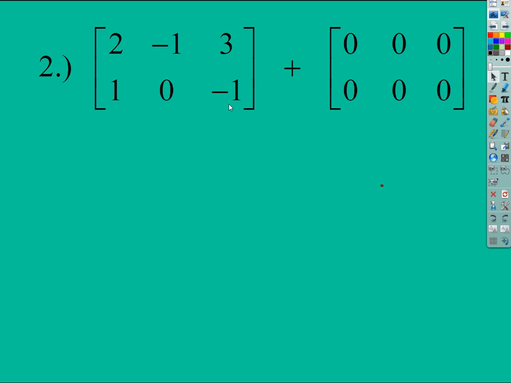You said that they act like they could be real numbers. Yeah, exactly. What do you mean they could act as real numbers? Well, if we were to compare this to a real number situation, matrices are a lot more complex. They contain a lot more information, but this would be just like the number equivalent of saying 7 plus 0 equals what? 7. That's important because that 0 is our identity number for addition.